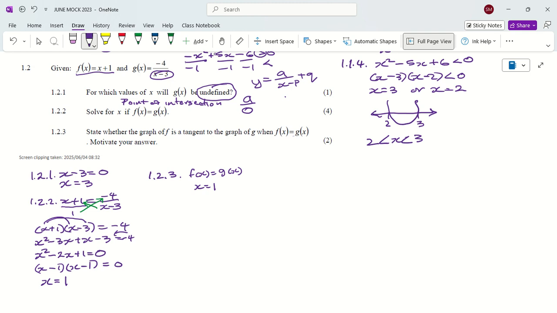Okay, this is how you write it, ne? At f of x is equal to g of x, x is equal to 1.